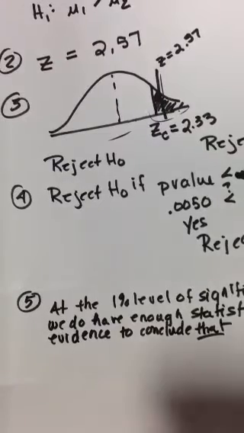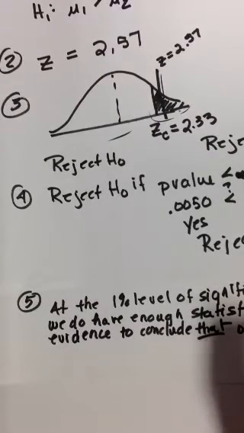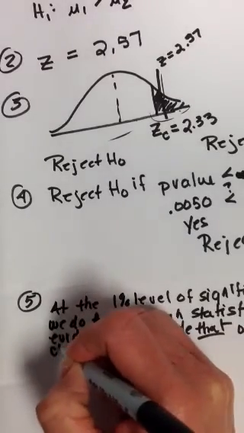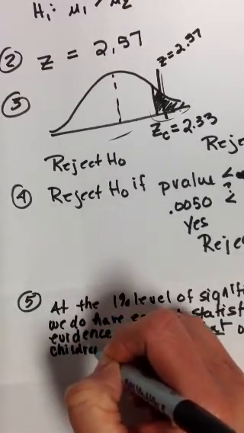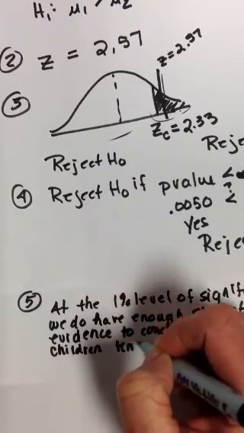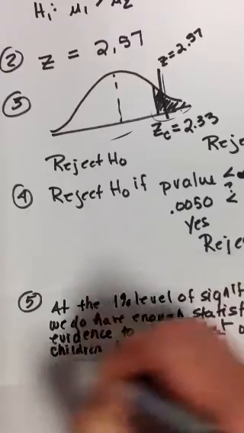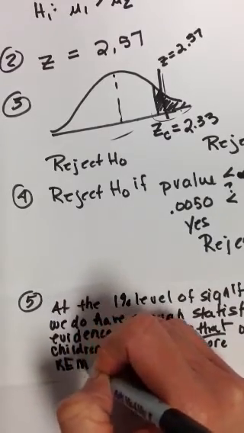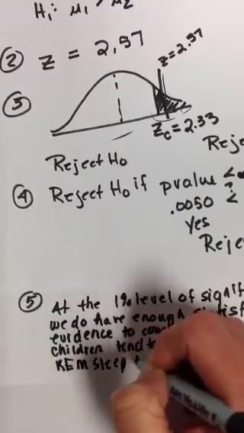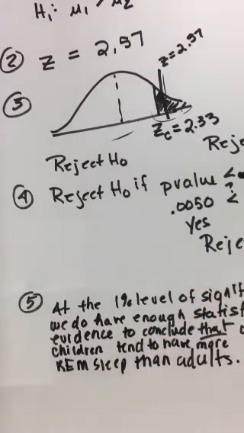I'm following that word that. So we do have enough evidence to conclude that, on average, children tend to have more REM sleep than adults. And that's the easiest way to put it back in the context of the problem.